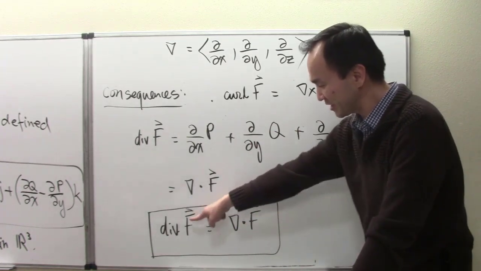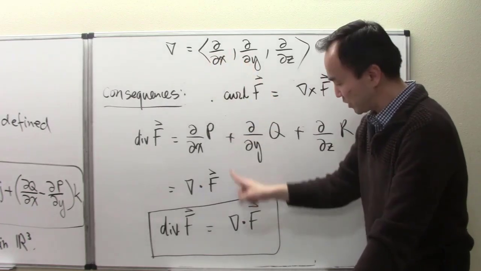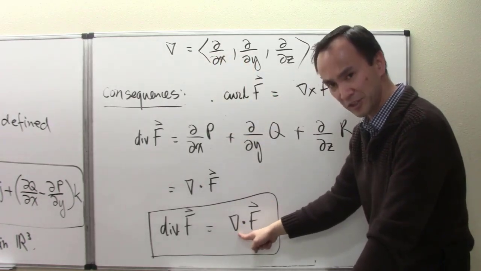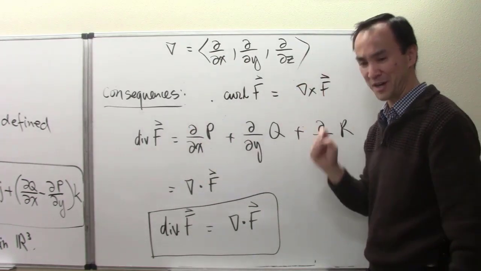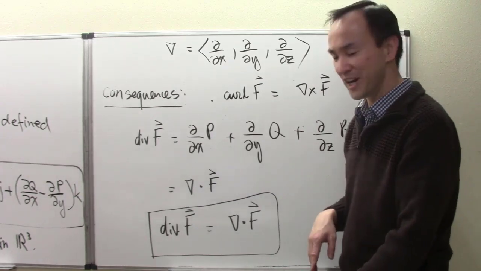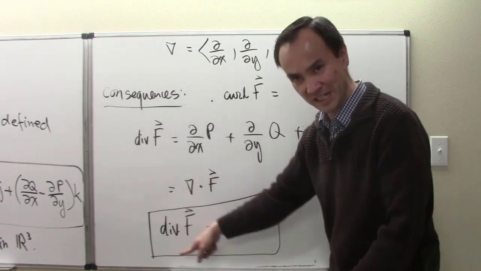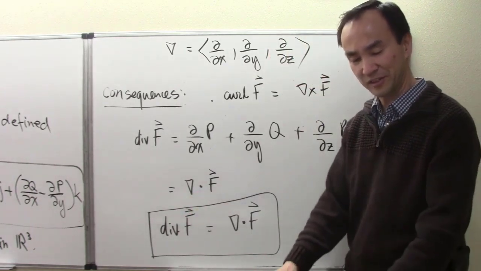So taking the divergence is the same as treating the del operator as a vector. We take the dot product between that del vector and F, but remember, always from the left to the right. I've got to emphasize that. That's how we can remember, to make it easy, how we calculate the divergence of a given vector field.